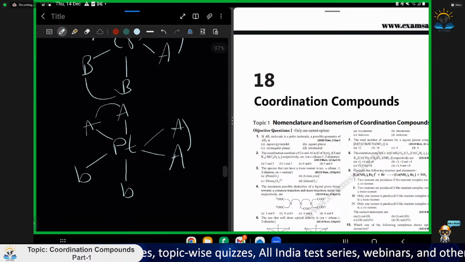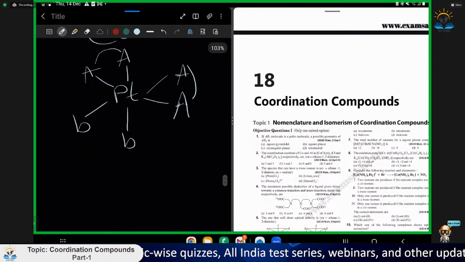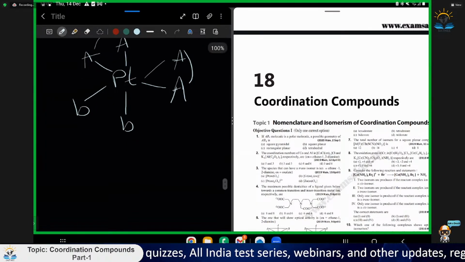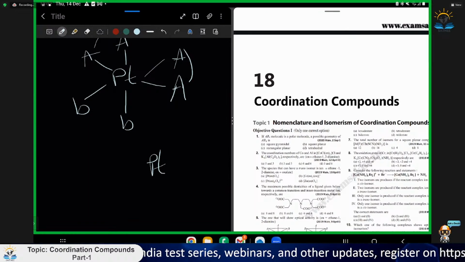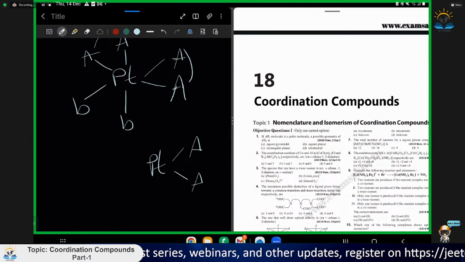Some bidentate ligands I'm going to represent by capital letters, monodentate by small. So the third option, form one, you can also write it like this.